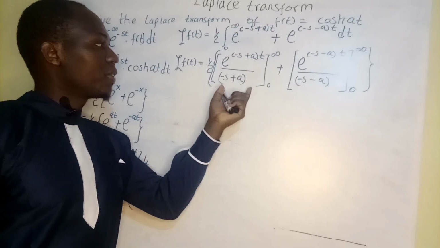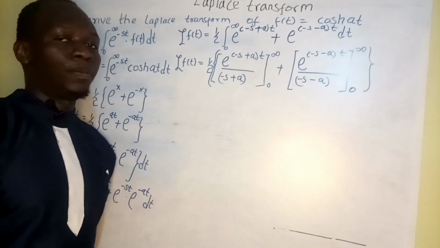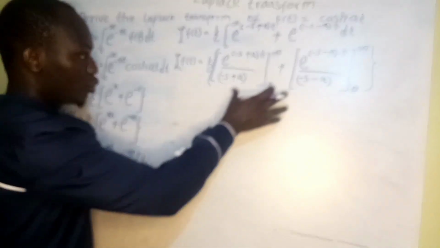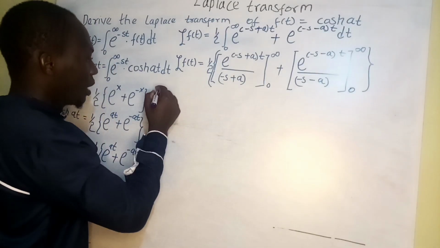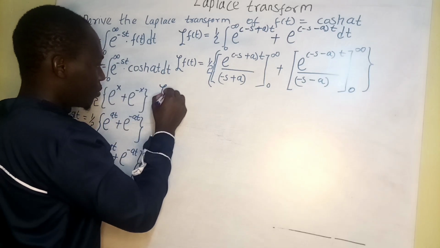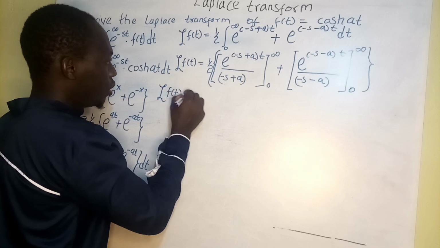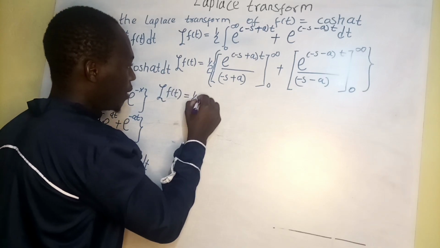Now, let us simplify this bracket by doing away with the limits. The Laplace transform of our function f of t is going to be equal to a half.